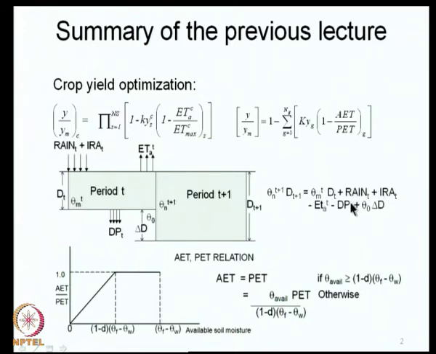In obtaining the actual evapotranspiration, we have used a relationship like this, which depends on the available soil moisture, that is, the actual evapotranspiration to potential evapotranspiration ratio depends on the available soil moisture. By available soil moisture, I mean the soil moisture minus the wilting point. So, the maximum available soil moisture will correspond to the actual soil moisture being at field capacity, and there is a depletion that is allowed.